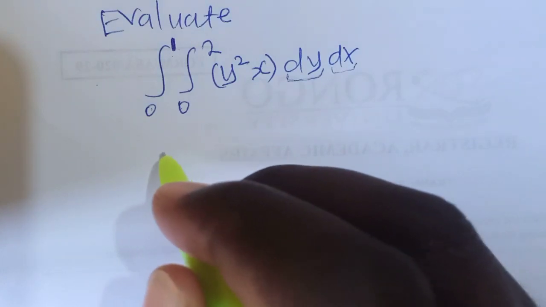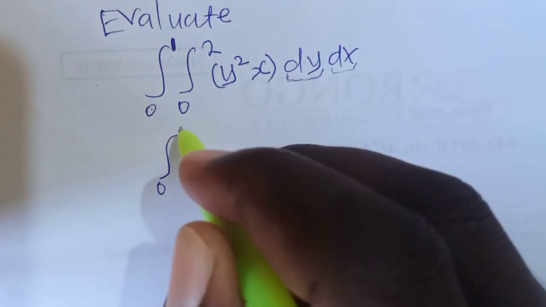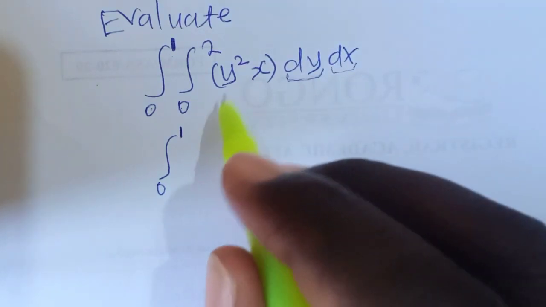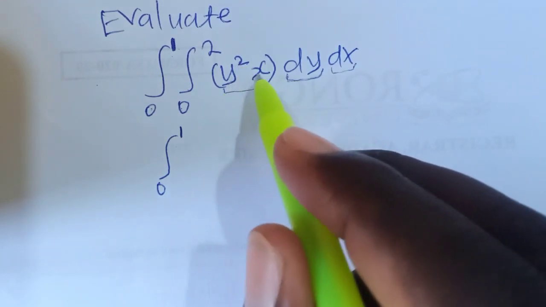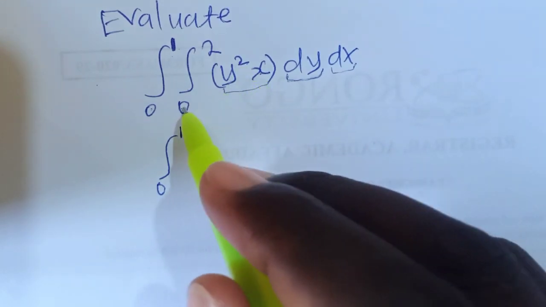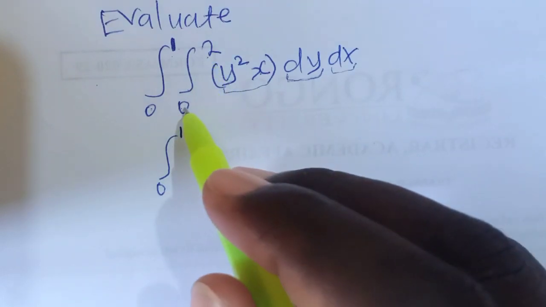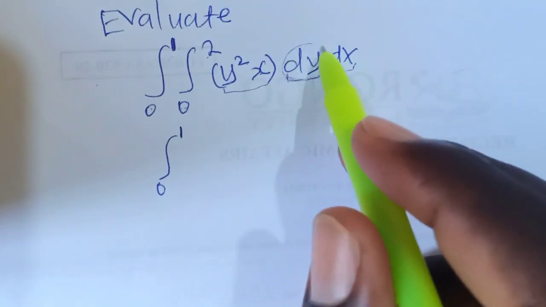Let us proceed to solve this. What we will do is integrate this function, y squared x, from 0 to 2 first, that is with respect to y.